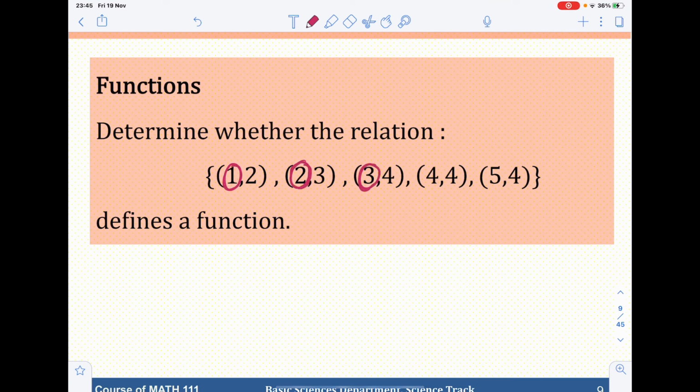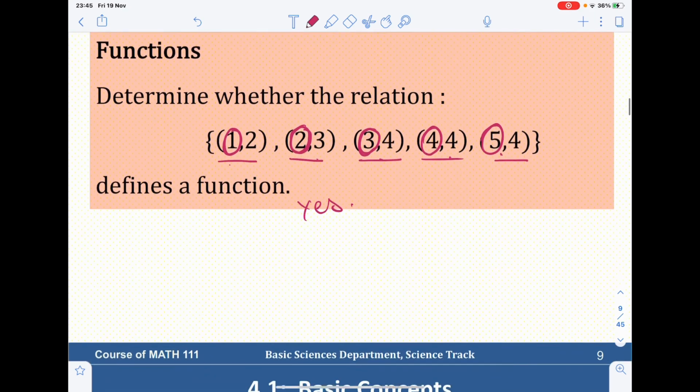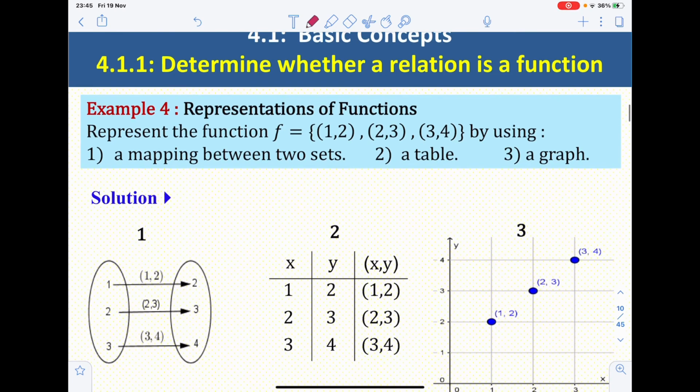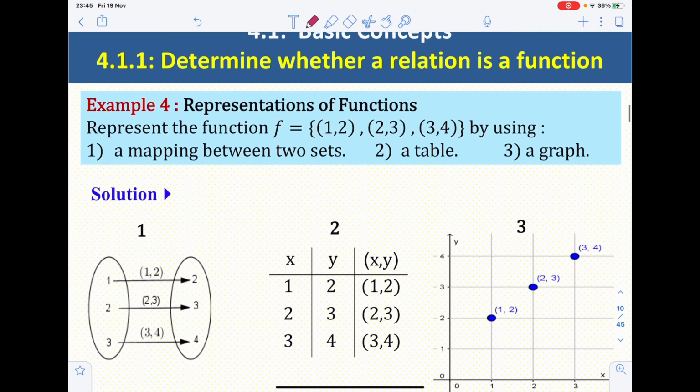We can see that the first component for all the ordered pairs is different. It's 1, 2, 3, 4, 5. So yes, it is a function, because each element in the domain corresponds to exactly one element in the range.